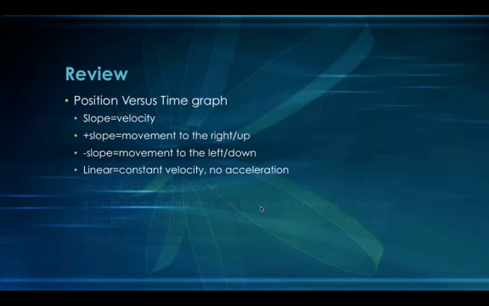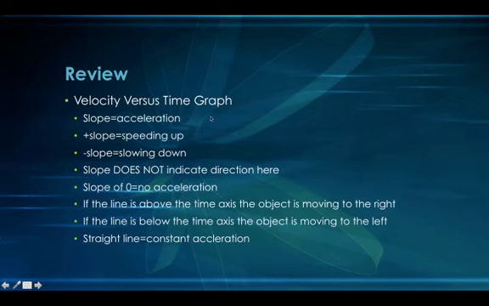All right, so let's look at the VT graphs now. All right, so on a VT graph, the slope is equal to the acceleration here. If I have a positive slope, that means I'm speeding up. If I have a negative slope, I'm slowing down. The slope does not indicate direction here. Okay, the slope does not indicate direction. What does indicate direction is if your line is above the time axis.